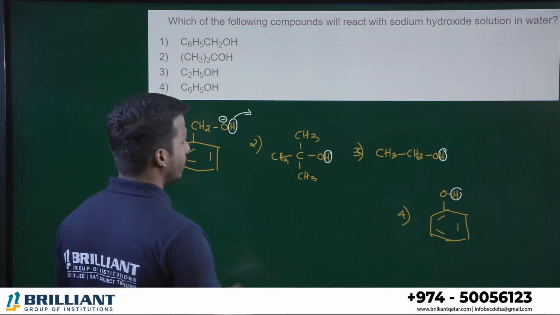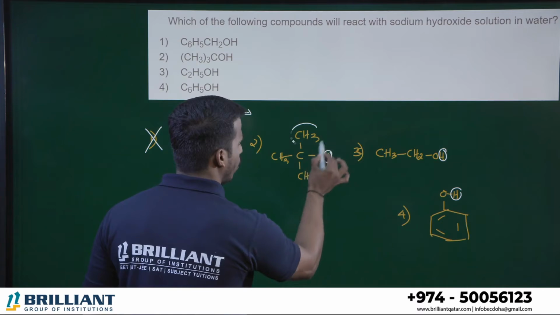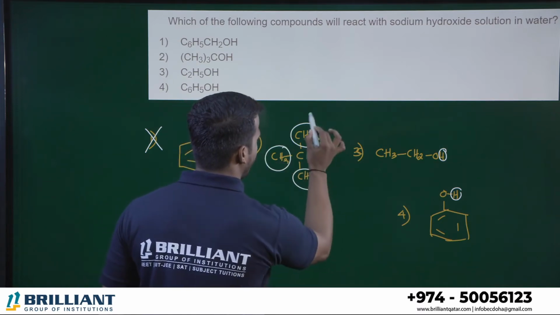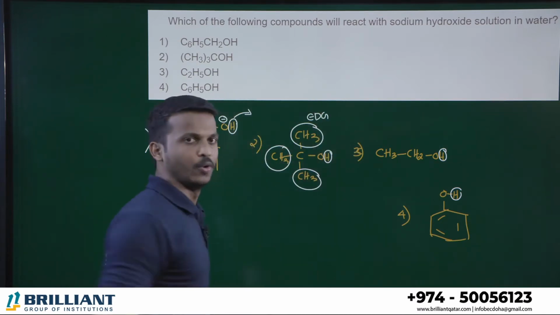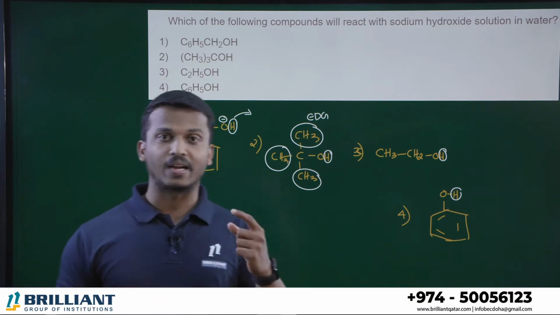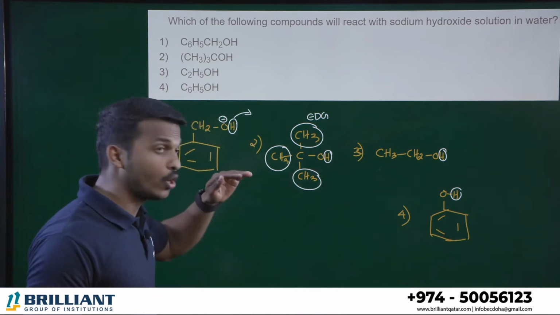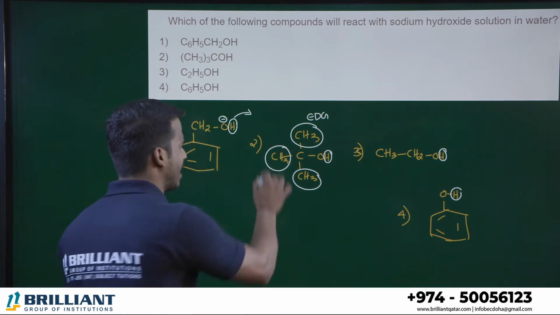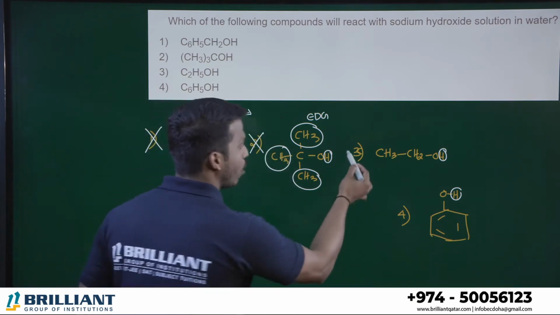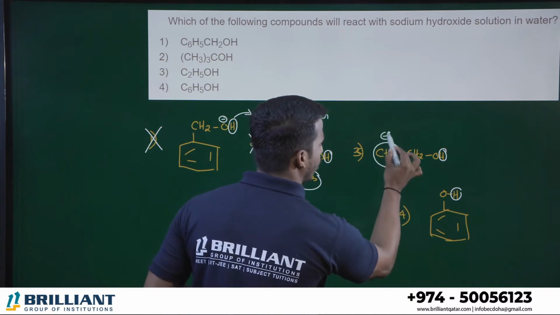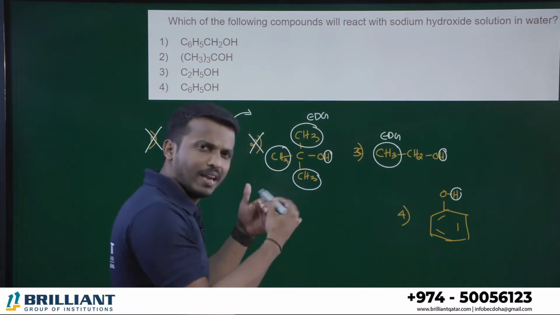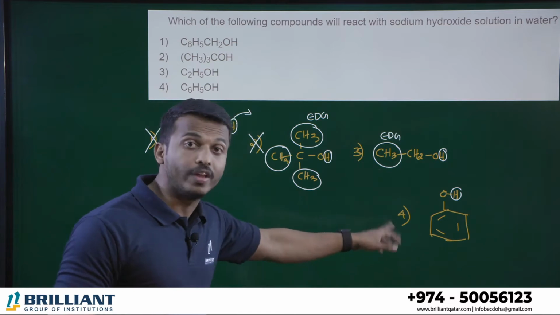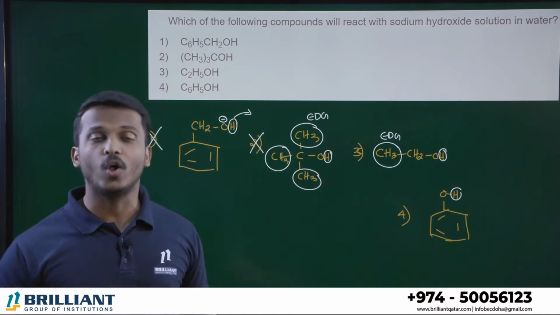Option number 2 is an alkyl alcohol. It is connected to which type of group? Electron donating group. Alkyl groups are electron donating groups, and electron donating groups will decrease the acidity. So this is less acidic in nature. Even compound number 3 contains an electron donating group, so it also has less acidity. What about phenol? We studied in part 1 video also.